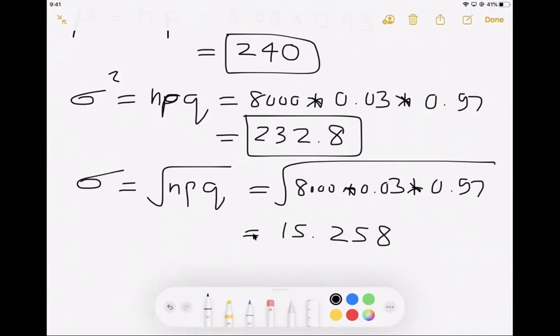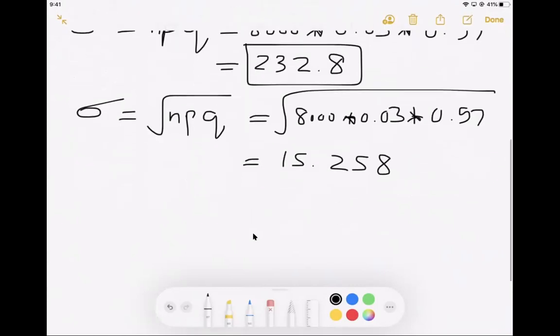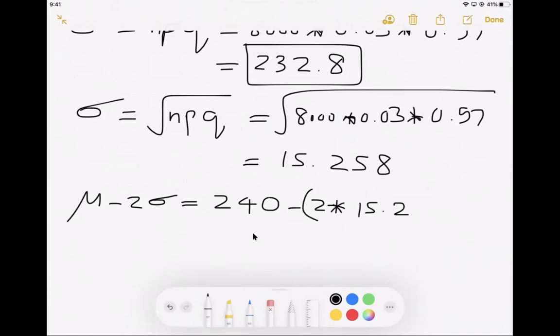Then how can we find the minimum usual value? Mu minus 2 sigma. That is the lower boundary. So mu is 240 minus 2 times our standard deviation, 15.258. So what is the minimum usual value? 209.484.